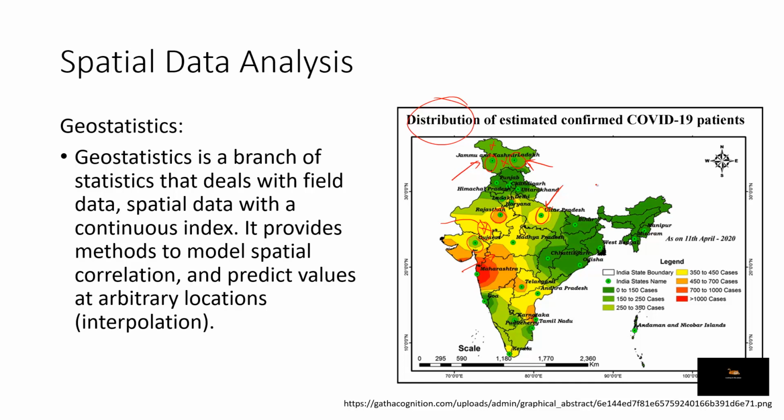analysis. There are many geostatistics analyses. The IDW, inverse distance weighting, where the further the distance, the lower the value. The closer the distance, the higher the value. Let's say, as you can see right here, the value right here is in orange color.